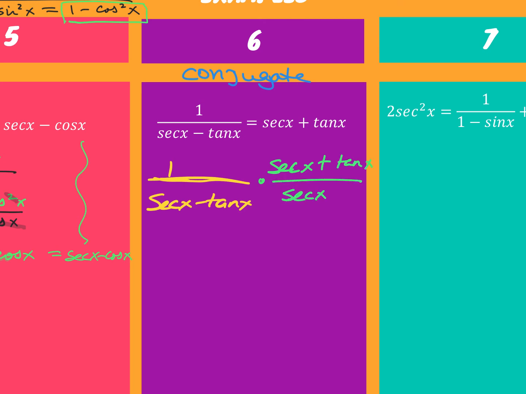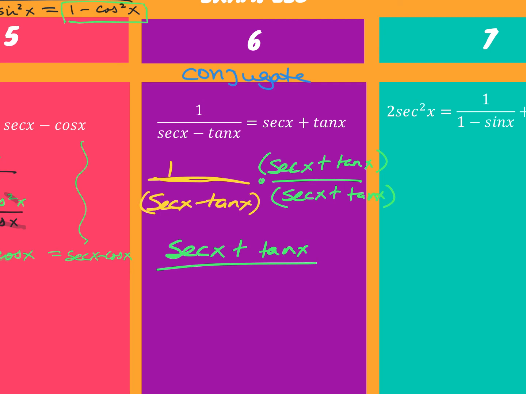And then again, same thing, tangent x. So what I need to do here, the top when I multiply it, it's just times 1. So the numerator is just going to be secant x plus tangent x. But the bottom, I've got to FOIL it. But remember, just like before when we did this with the imaginary numbers and with the radicals, really all we need to do is first and last, because when I FOIL this, outer and inner are going to cancel.